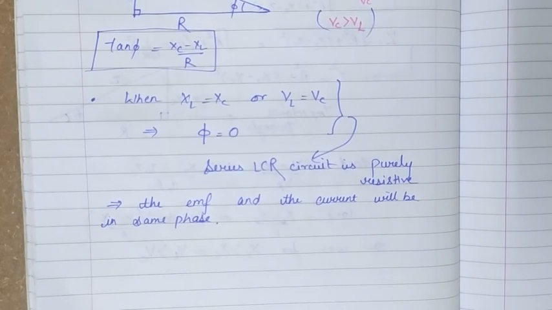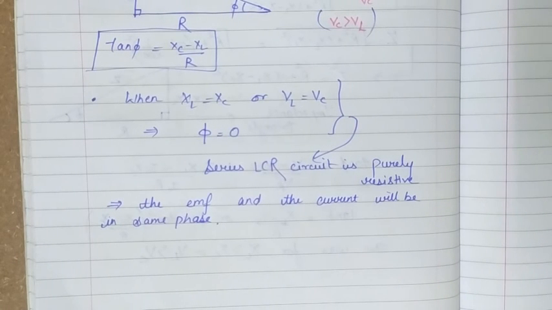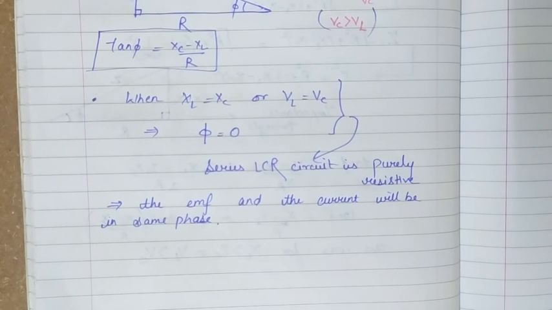Okay, so this is the third case where XL is equal to XC or VL is equal to VC, and at that time phi is equal to 0, which means that the circuit is purely resistive and the current and EMF will be in same phase.